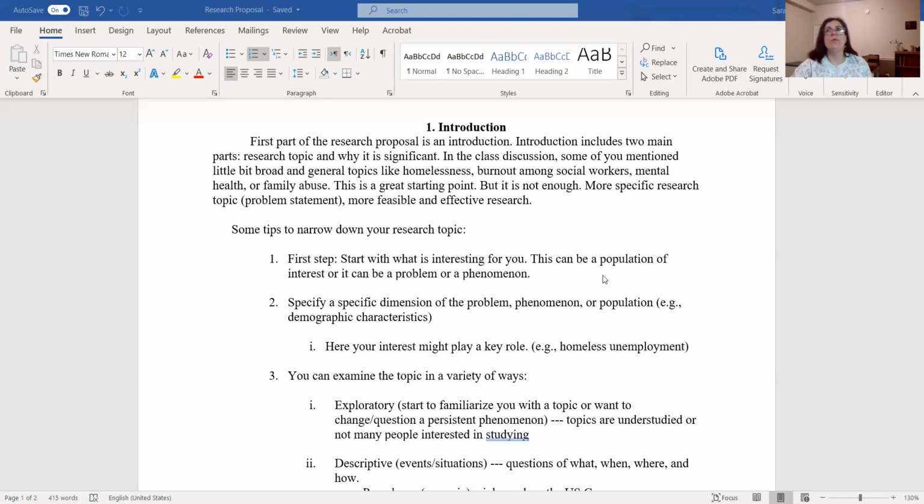For example, you may say, I'm interested in studying health issues among the homeless, or I'm interested in studying unemployment among the homeless. Or if you are going to focus on a specific subgroup, you may say, I'd like to study the homeless population in our city or in Texas.